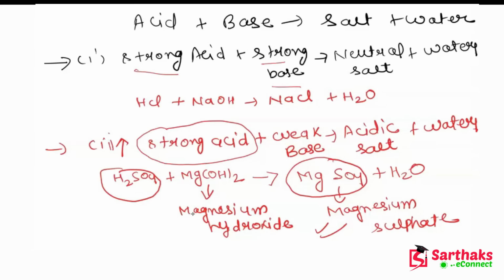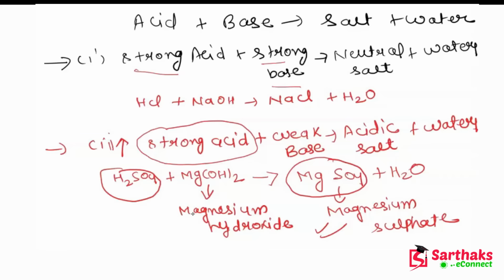What have we seen here? We have seen that when there is a reaction between strong acid and strong base, then neutral salt will be produced. But if strong acid reacts with weak base, in this case the salt which is formed is acidic salt.